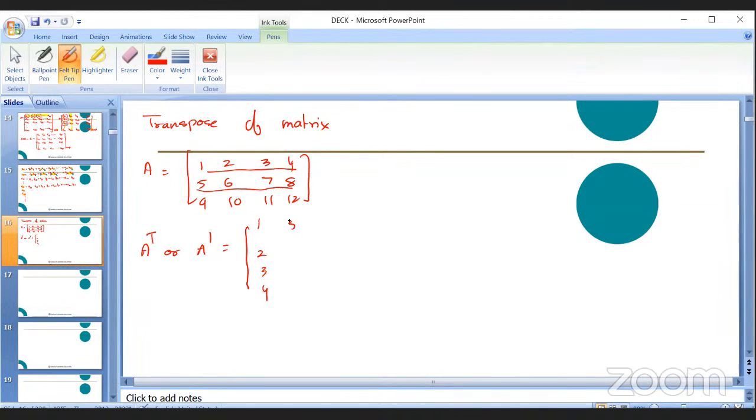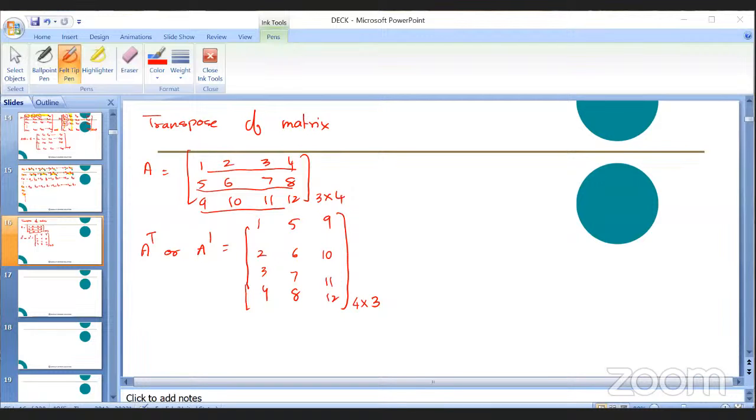Second row will become second column. Third row will become third column. So if A is having 3 rows and 4 columns, A transpose will have 4 rows and 3 columns. This is A transpose.